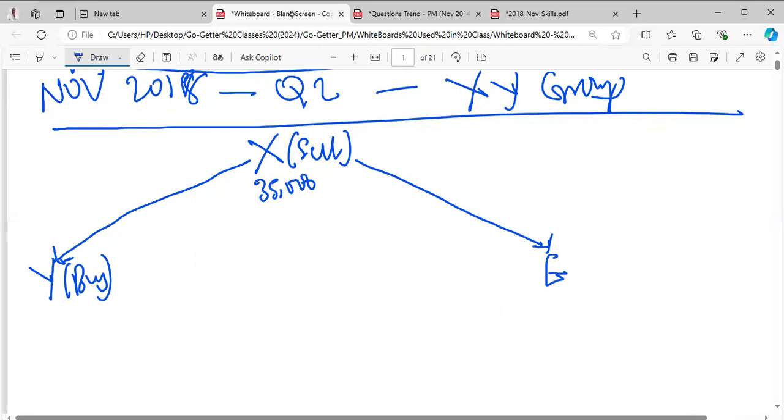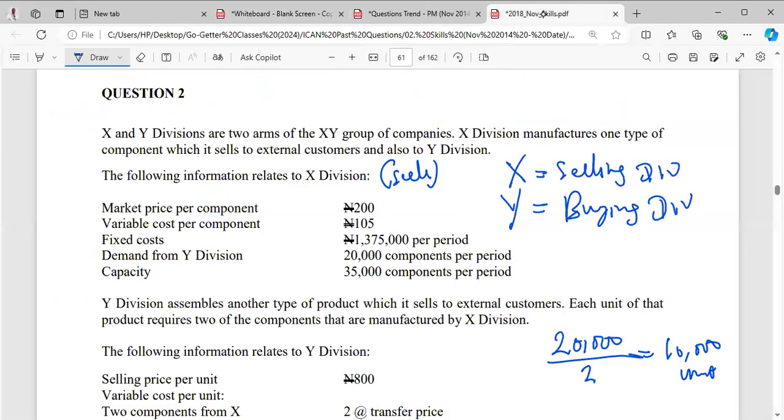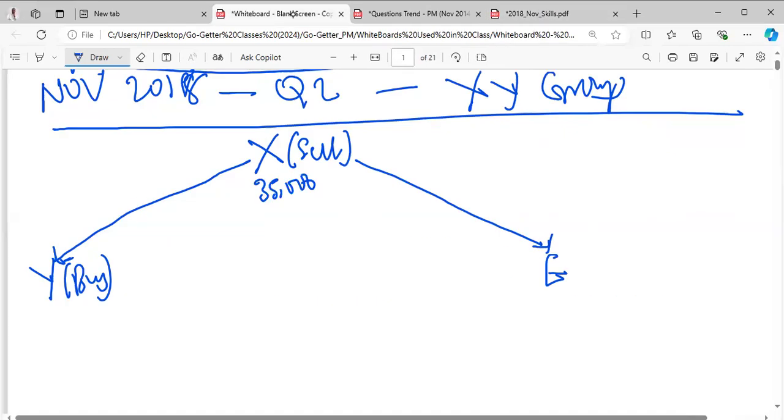Then you are giving Y 20,000. If you give Y 20,000, what will be remaining for external? External will be taking 15,000.